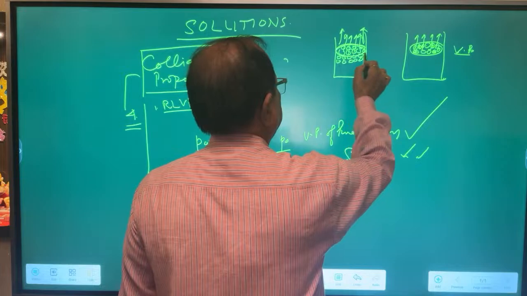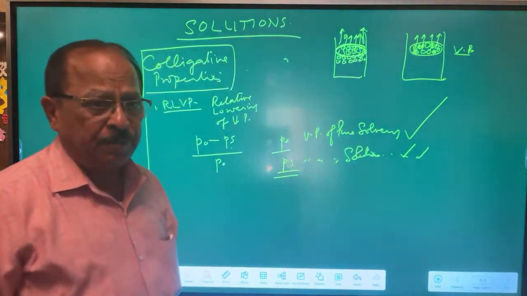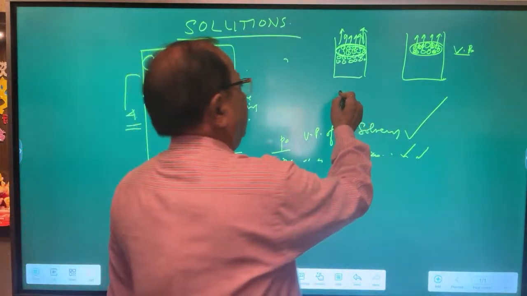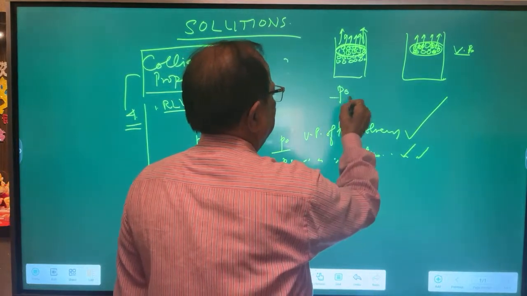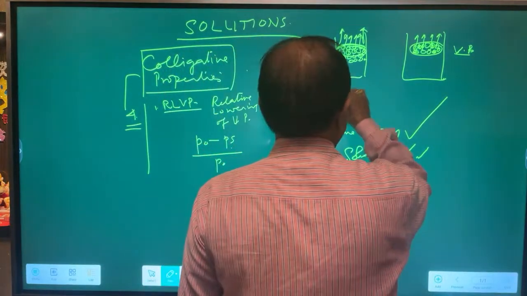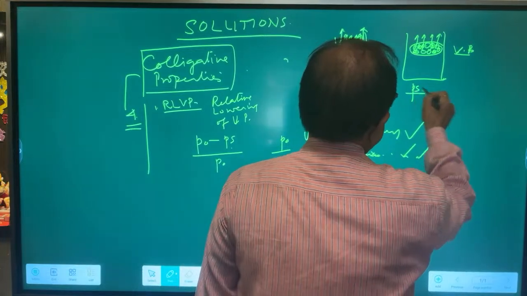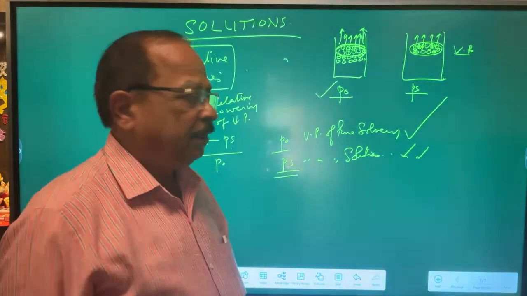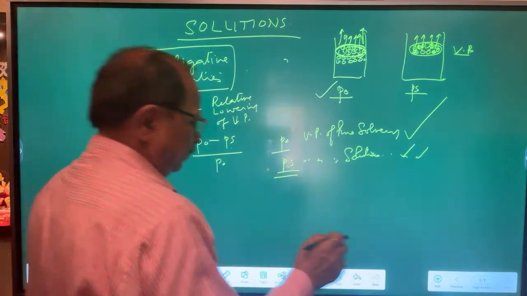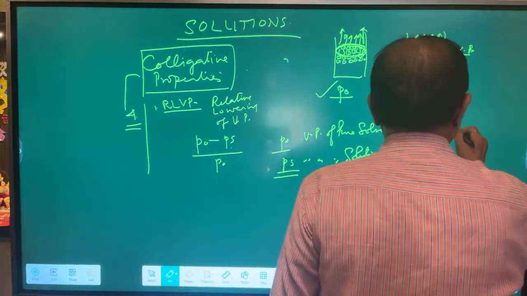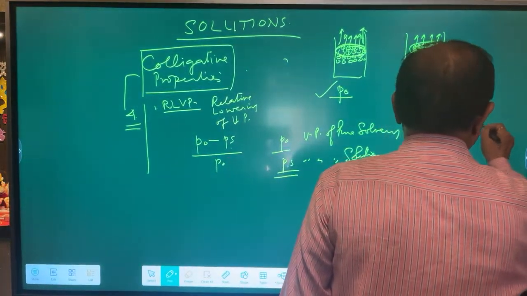Here all of the surface area has been occupied by the solvent molecules. So the vapor pressure of pure solvent P naught is always greater as compared to the vapor pressure of its solution, right?